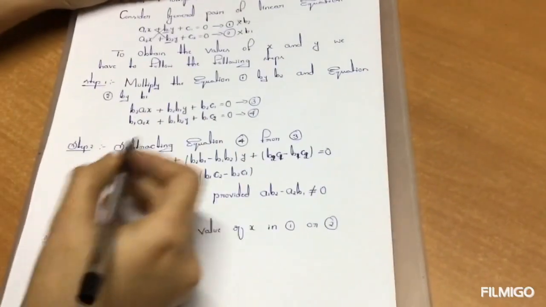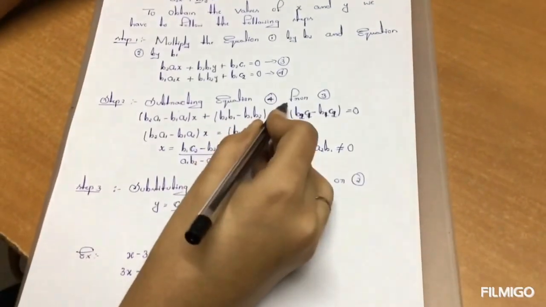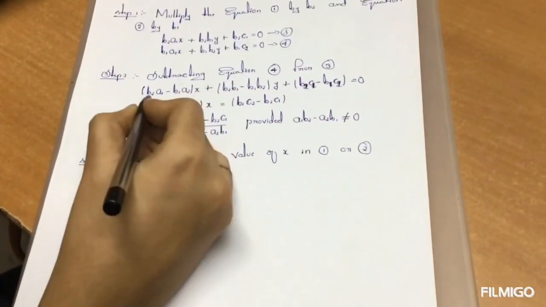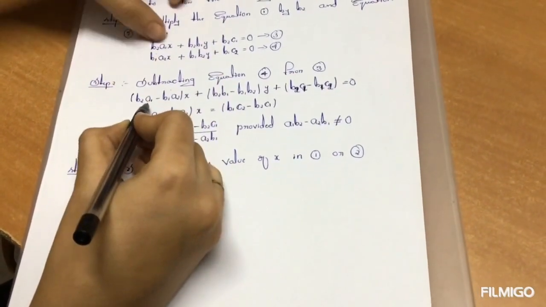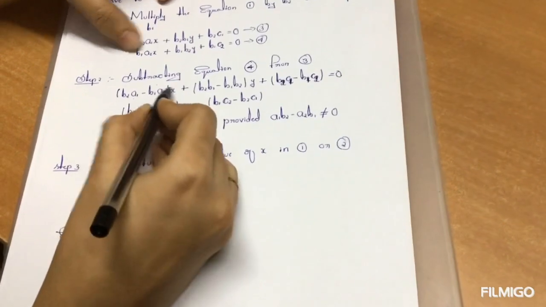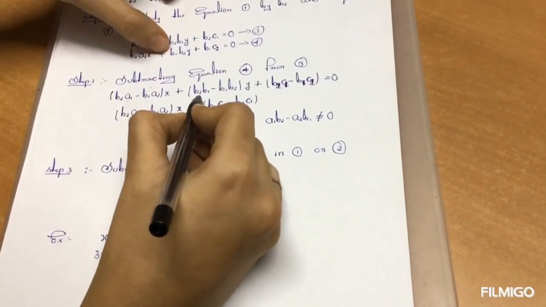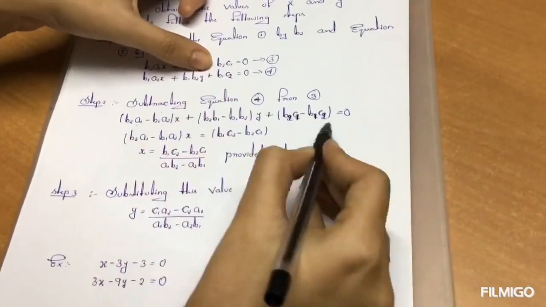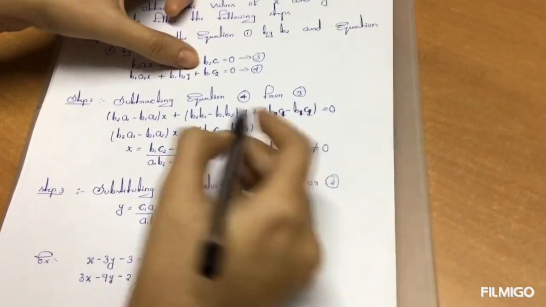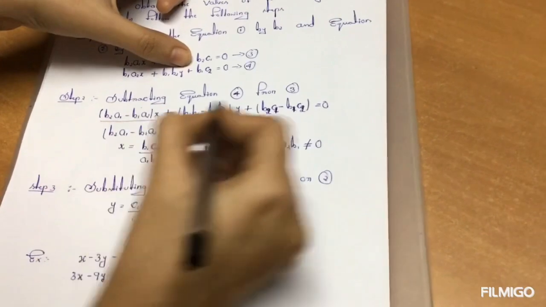The second step is subtracting equation 4 from equation 3. We will get (b2a1 minus b1a2) into x, plus (b2b1 minus b1b2) of y, plus (b2c1 minus b1c2) equals 0. To calculate the x value, I am going to consider these terms.